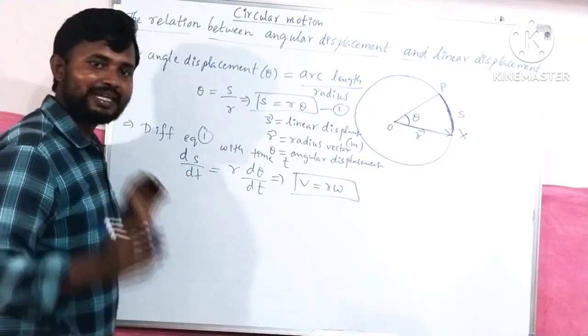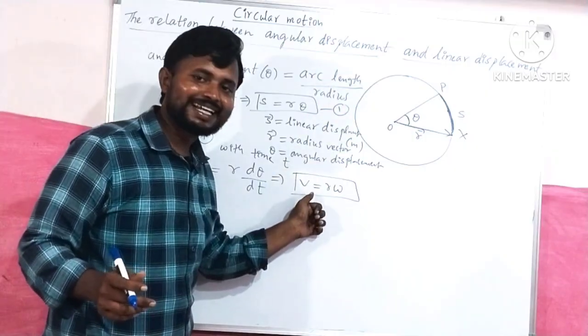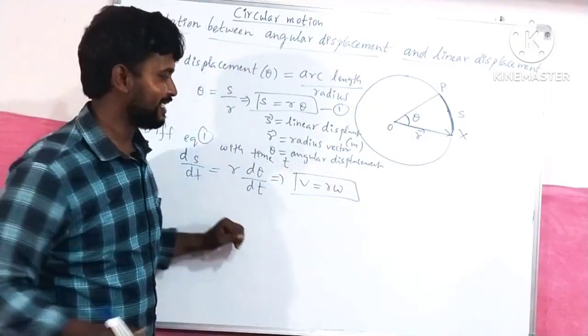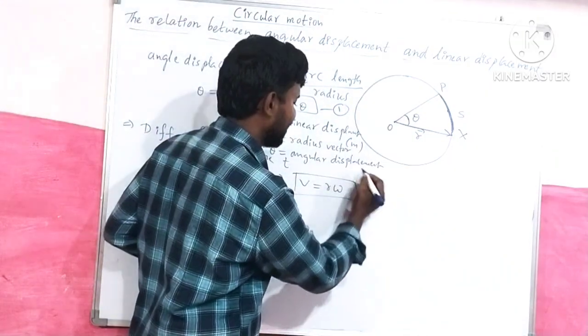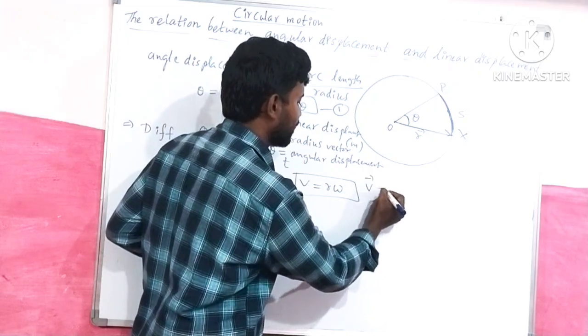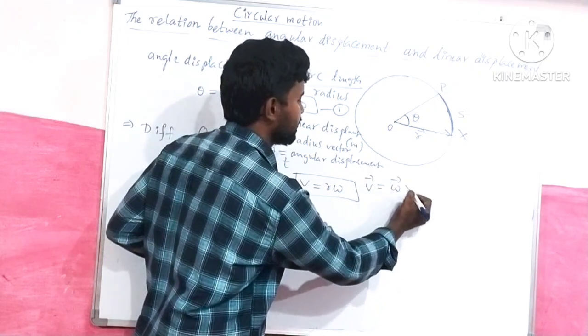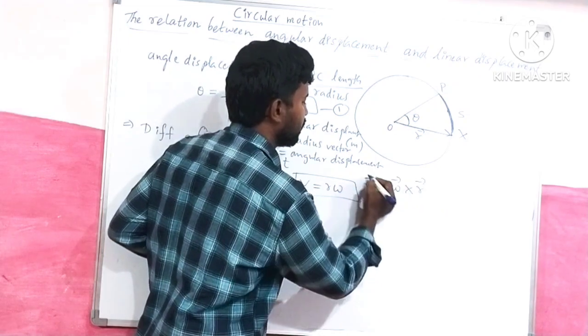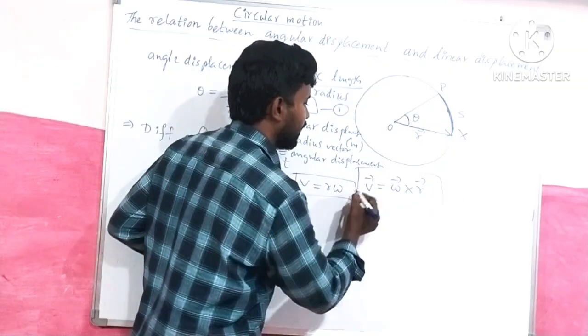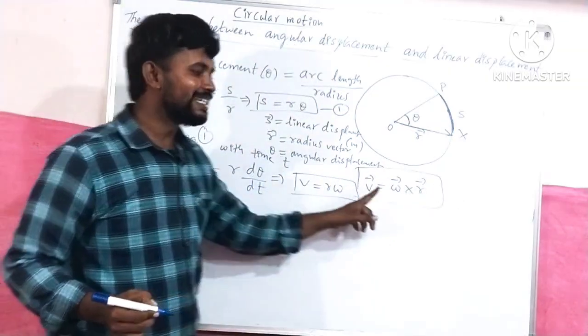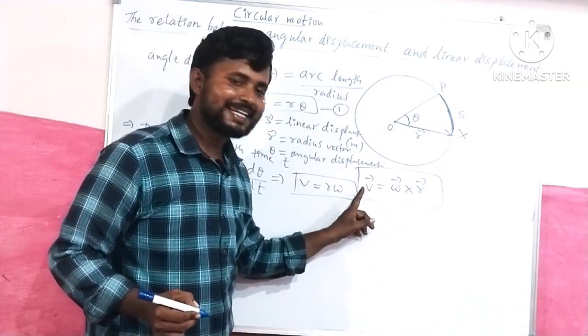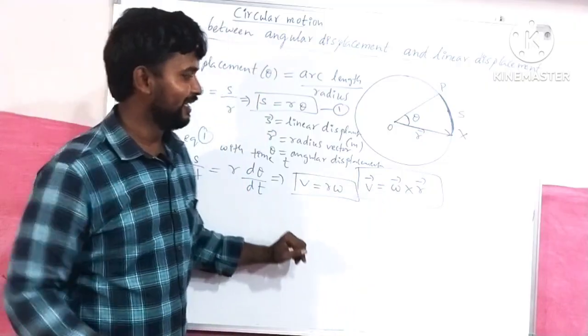Linear velocity equals radius vector into angular velocity. In vector notation, v bar equals omega bar cross r bar. This is the relationship between linear velocity and angular velocity.